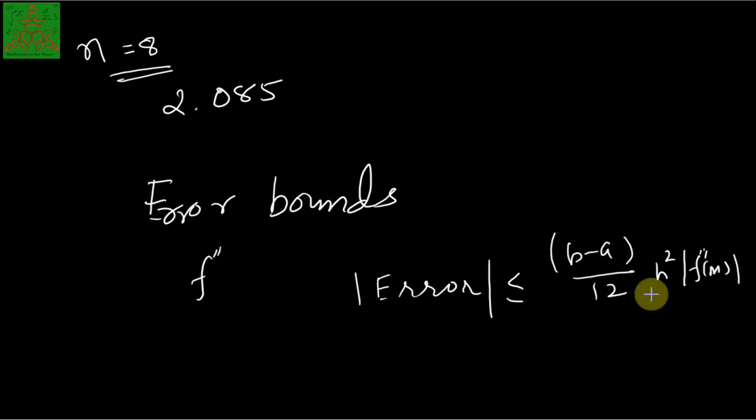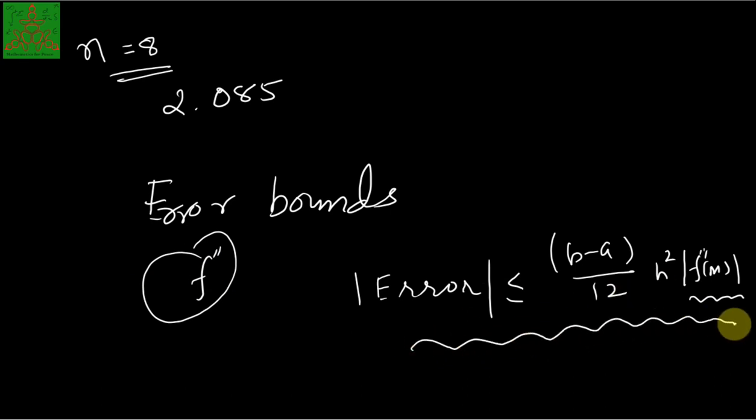That means whatever the maximum value of f double dash is, it is in the error bound. So this much error will be possible if you use the trapezoidal rule to compute the integral.